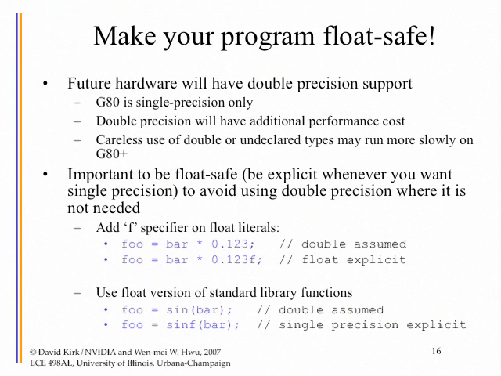However, in this transition, if you have a careless use of double or undeclared types, the code may run a lot slower than you expect when you switch to the next generation hardware. The reason is this: when you just use a constant in your program and don't say anything, C says it's double precision.